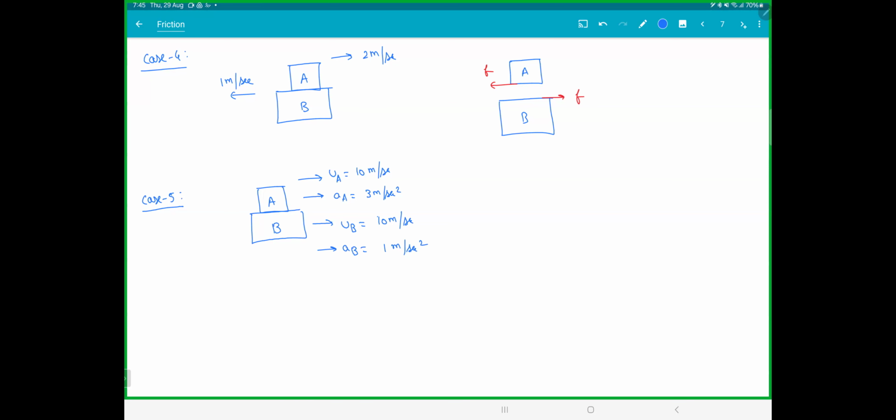Both have same velocities. But if I give a little time, next moment who will go faster? A, right? So if velocities are same, compare accelerations. So priority one is always velocities.